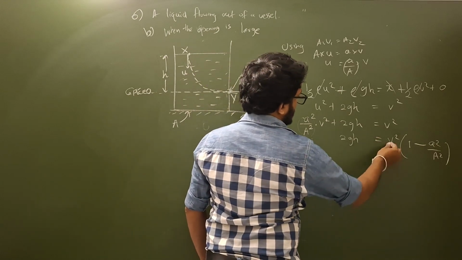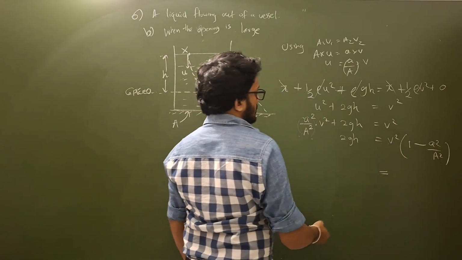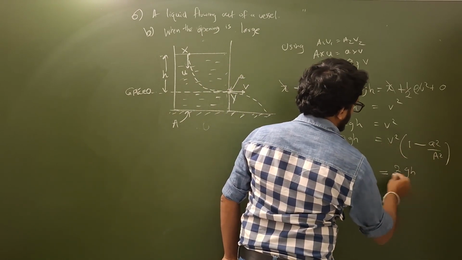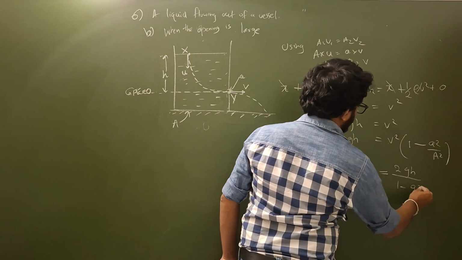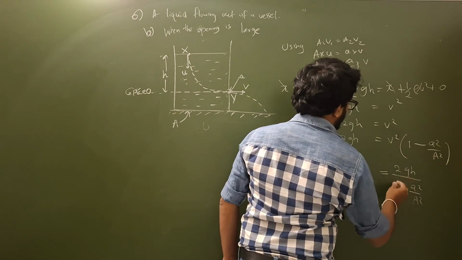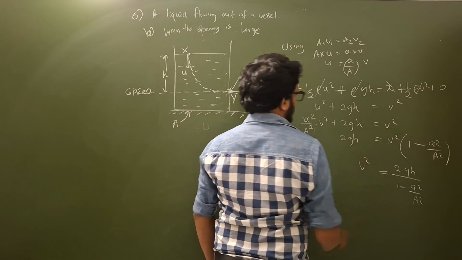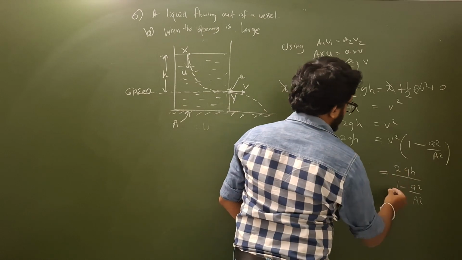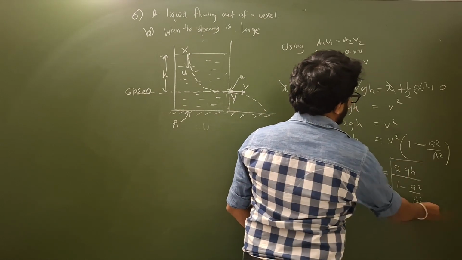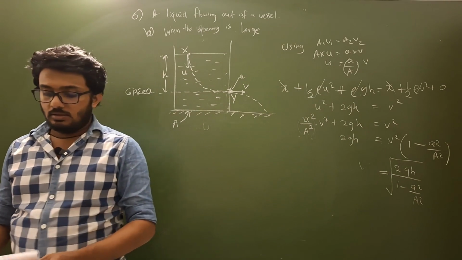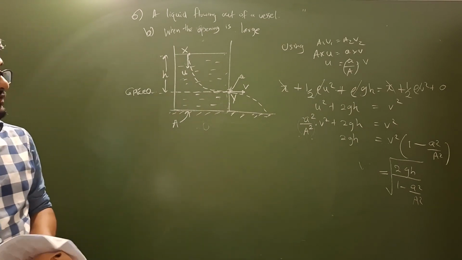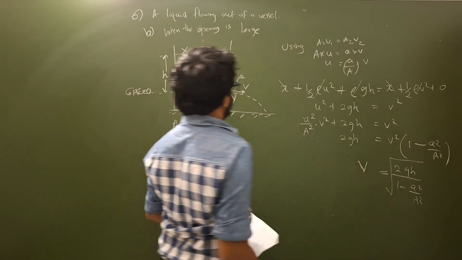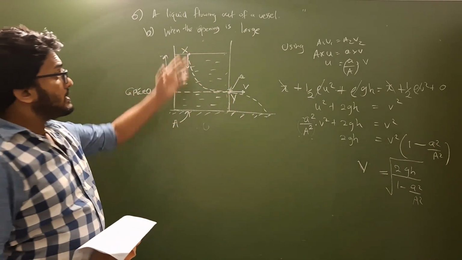I have to make v squared the subject, so I will take this to this side. So I have 2gh over 1 minus simple A squared over capital A squared equal to v squared, but v equals the square root of this thing. So this is the final equation of the velocity of fluid flowing out if the opening is large.